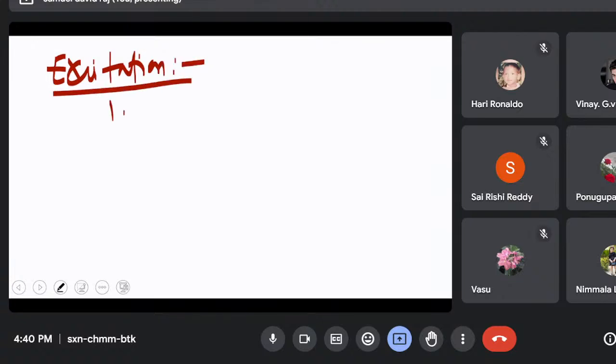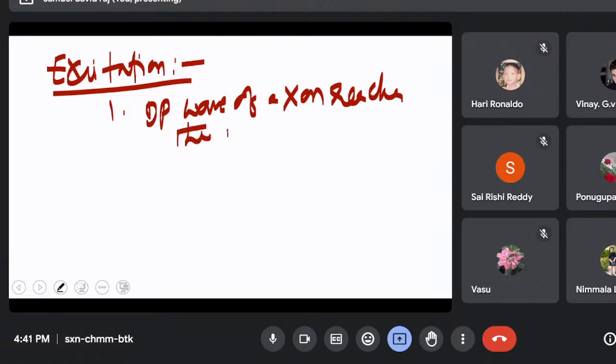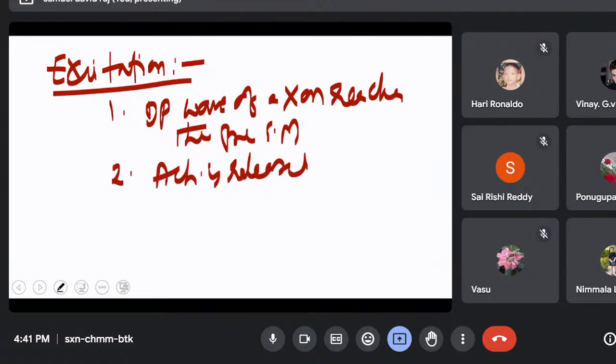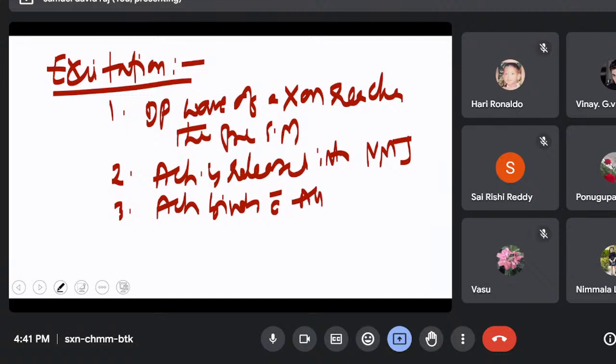The first thing is the depolarization wave of the axon reaches the presynaptic membrane, that is the membrane of the telodendrites. Now what happens? Acetylcholine is released into the neuromuscular junction. After acetylcholine is released, it binds with acetylcholine binding receptors.